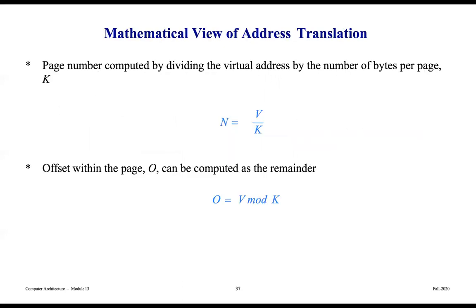So how about we briefly look at the mathematical view of address translation. A page number N is computed by dividing the virtual memory address by the number of bytes per page K, and so that's what we're seeing here. And the offset within the page, O, can be computed as a remainder. Using the mod function, V mod K would give us the remainder.